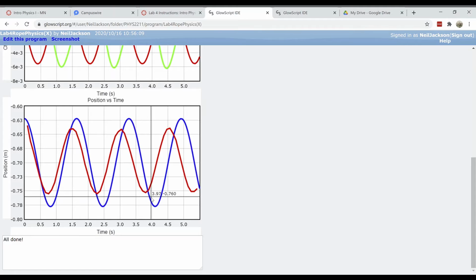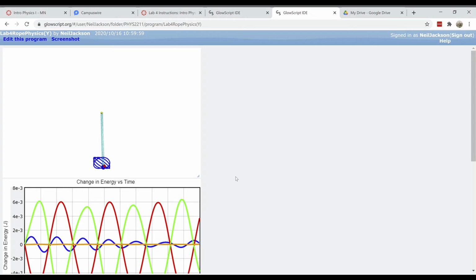There's some weird stuff going on between here, and I believe that to be because when you look at the X oscillation, it's only taking into account the pendulum motion of the system. It's not really observing the up and down motion of the spring. Whereas when we look at the Y motion, we have the pendulum nature going on, and we also have the spring going on.